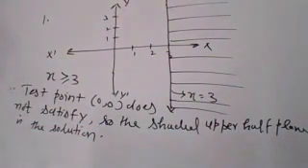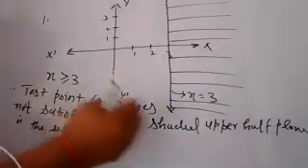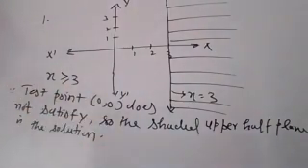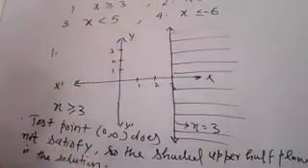So in this way you can write your answer. Test point is not satisfying, so the shaded upper half plane is the solution. Any doubt? No, sir. Okay, beta. Now you come to the next part of it.